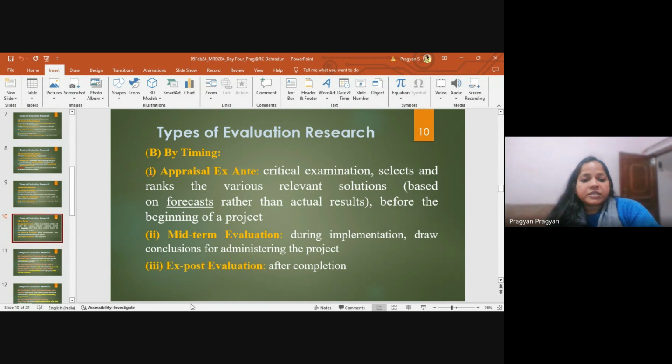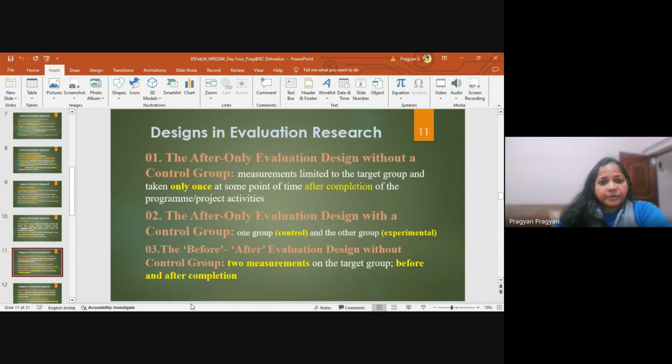So, in the first subcategory, you were analyzing all those intervention strategies and solutions before the beginning of a project, but now you are doing the same analysis during implementation. And the third is ex post evaluation, which means you are going to analyze all that only after completion of a particular development program. So these are the typologies.